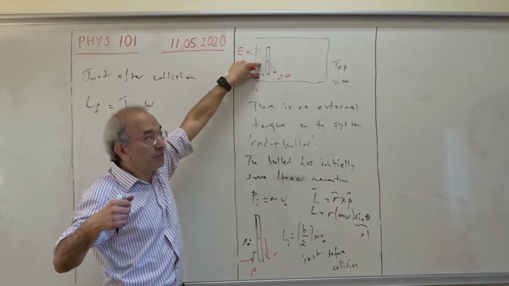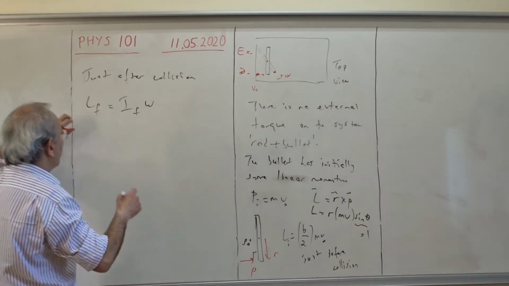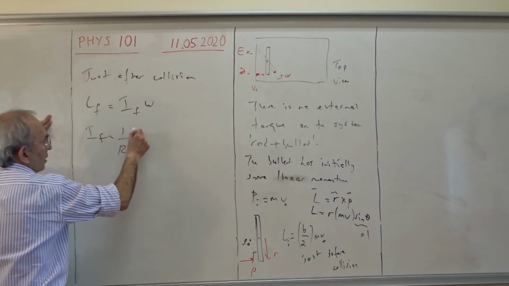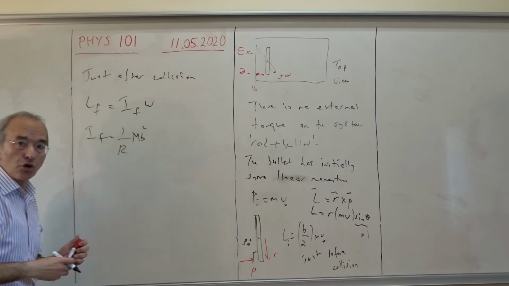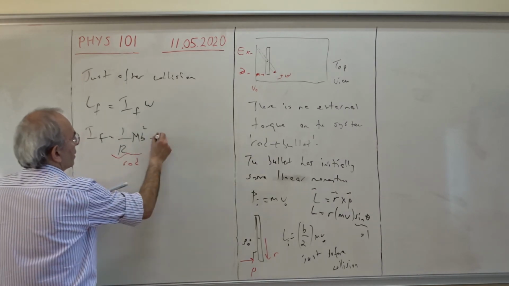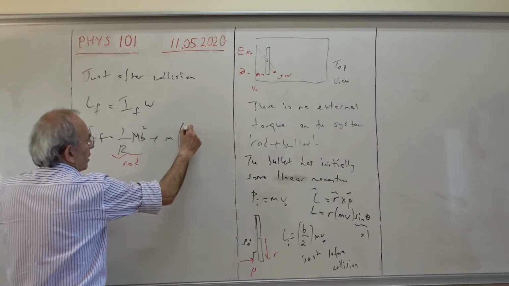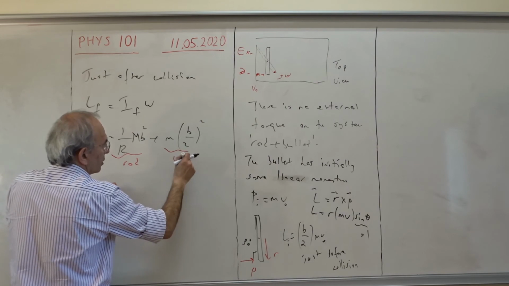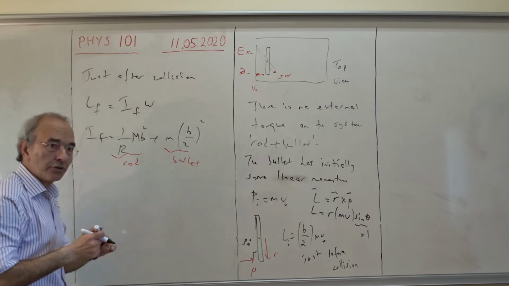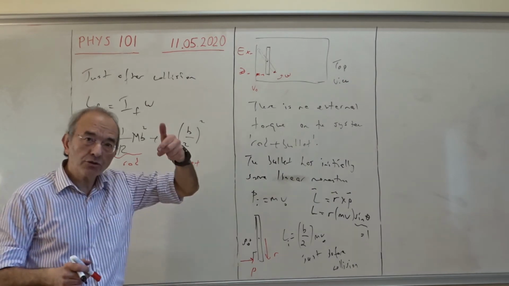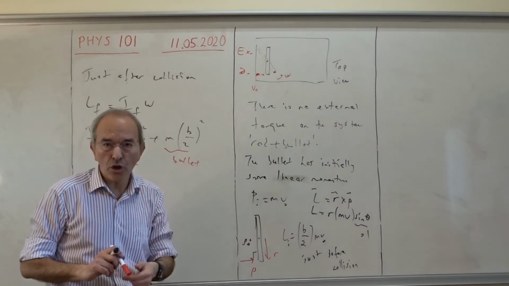It is mass times distance squared. So I final is 1 over 12 m times b squared for the rod, plus little m times b over 2 squared for the bullet. Inertia of the rod around this midpoint, and inertia of the bullet with respect to the point O.